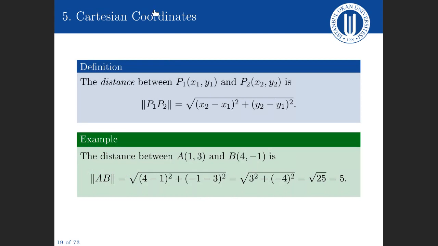Or to say it another way, the distance between the point P1 and P2, which we can write as double vertical line P1, P2, double vertical line, is the square root of x2 minus x1 squared plus y2 minus y1 squared. For example, the distance between the point 1, 3 and the point 4, minus 1, we can calculate by putting these numbers into the formula, and I'll leave it for you to check that we get 5.